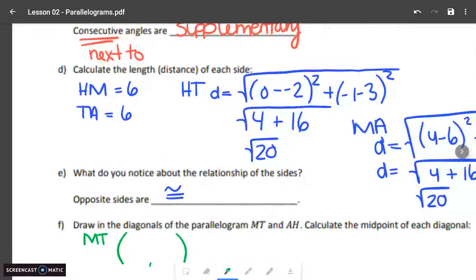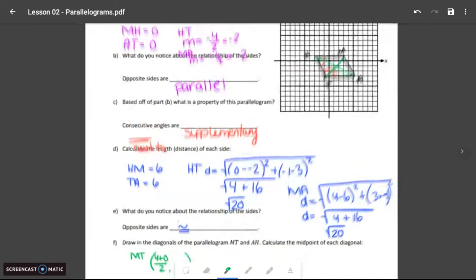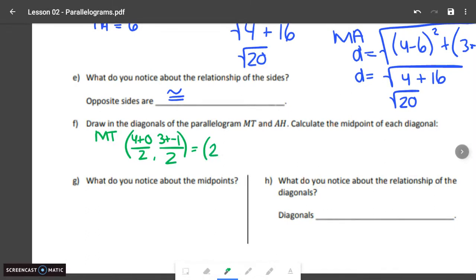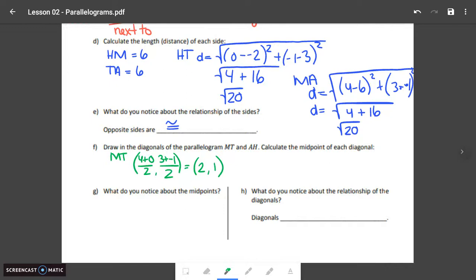So we're going to have 4 plus 0 divided by 2, and 3 plus negative 1 divided by 2. And we'll get 4 divided by 2 is 2, 2 divided by 2 is 1. So our first midpoint for MT is 2, 1.